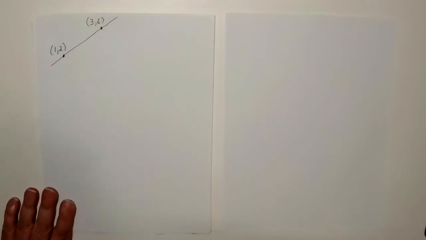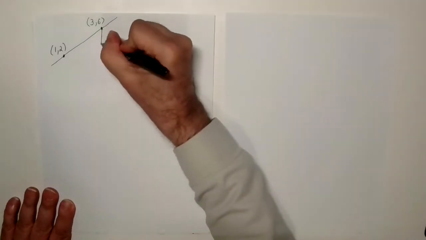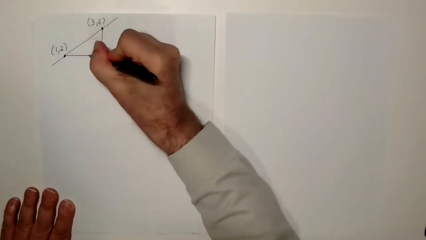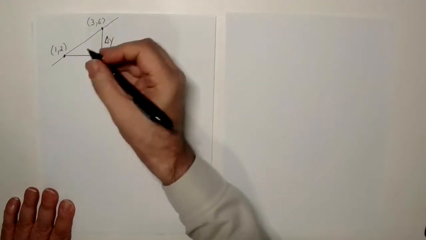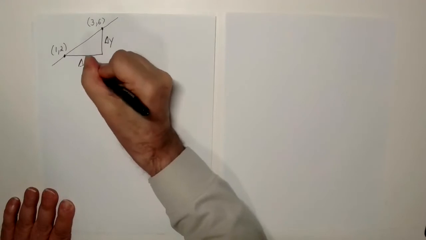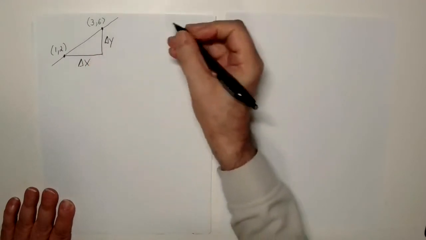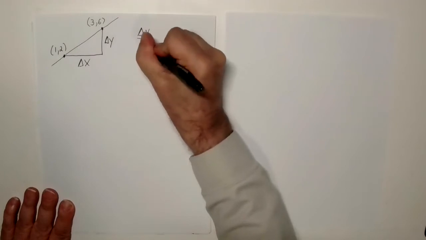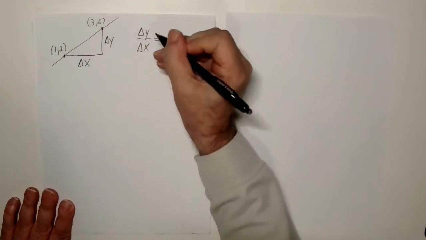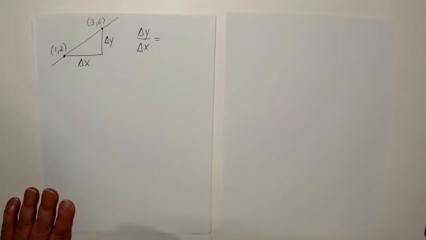Now, the first thing to do is to find the slope of the line. And the slope of the line is going to be change in y, which I'm going to call delta y, over change in x, which I'm going to call delta x. And now what we can see is delta y over delta x is, okay, so how much does y change?